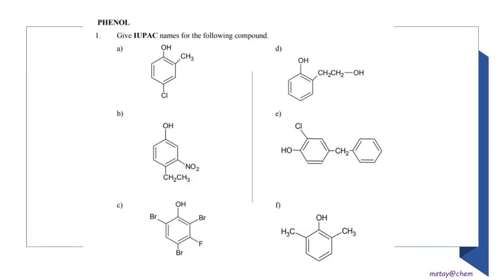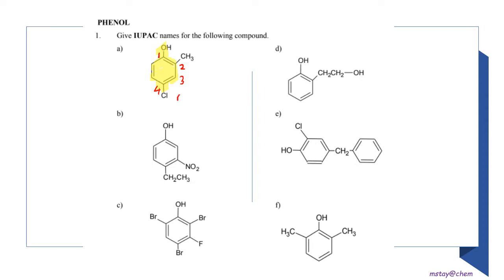As usual, we need to know how to give the name for the following phenols. In question 1a, basically this one will be considered as the parent name, which is phenol. The phenol always gets carbon 1, so this one will be carbon 2, 3, and 4.